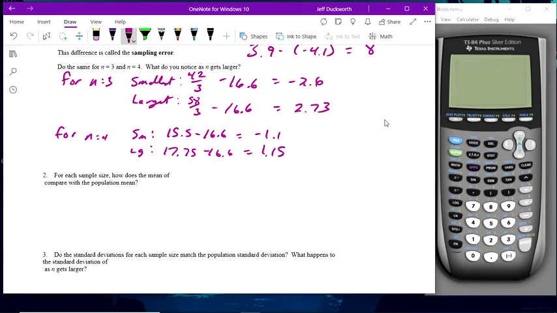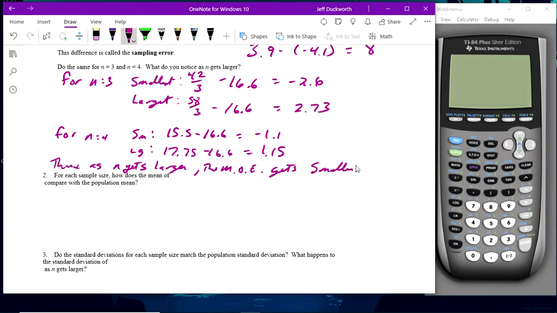And what do we notice? Well, we notice as we increase n, the margin of error gets smaller. These two numbers are closer together, and these two numbers are closer still. So margin of error gets smaller.